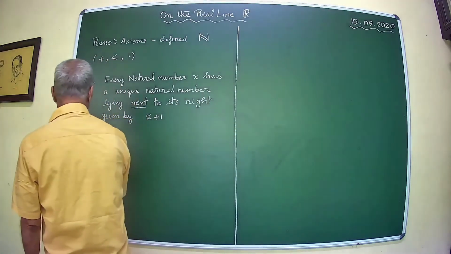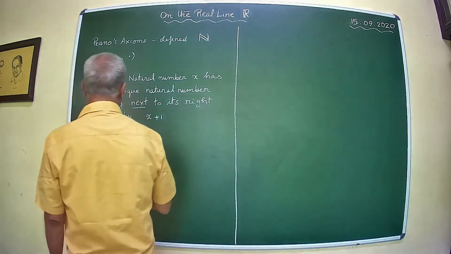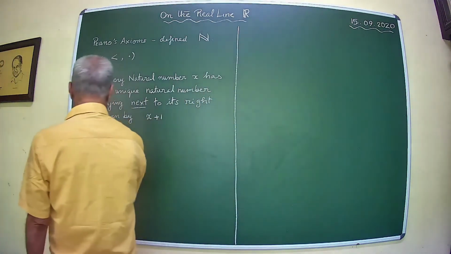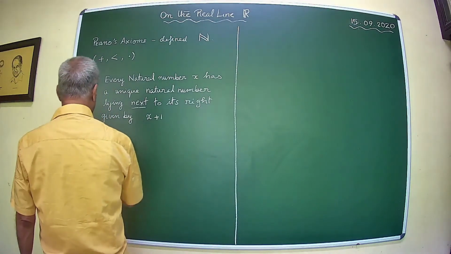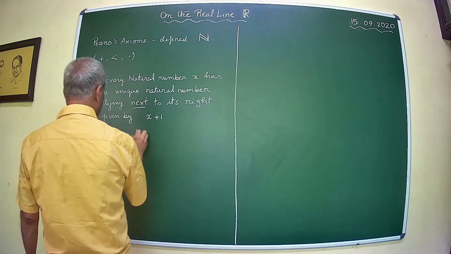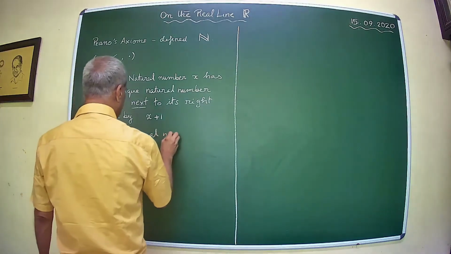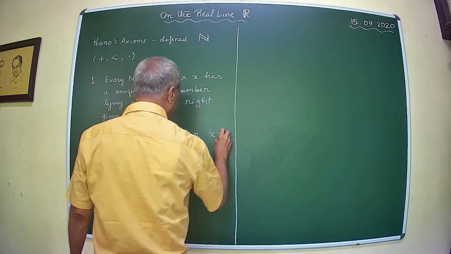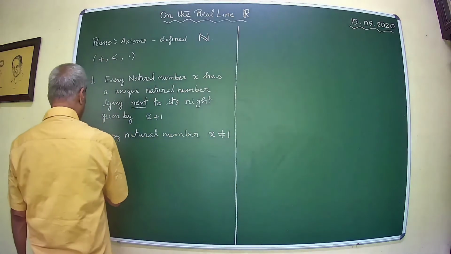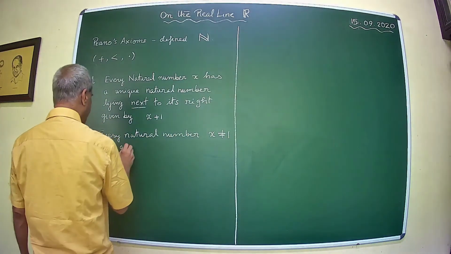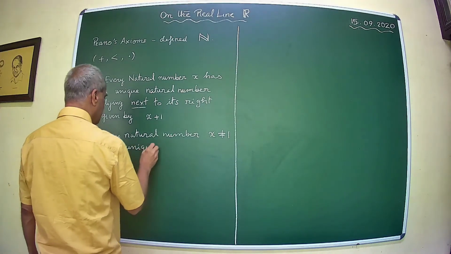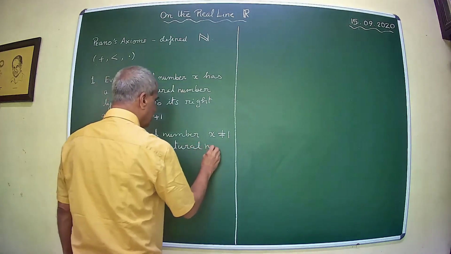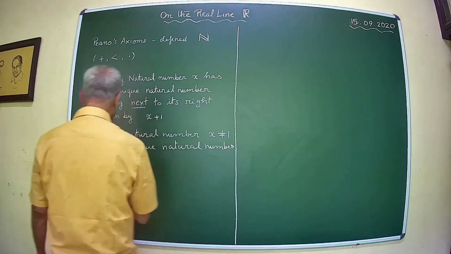What is the analogous thing to the left? Every natural number x not equal to 1 has a unique natural number to its left.